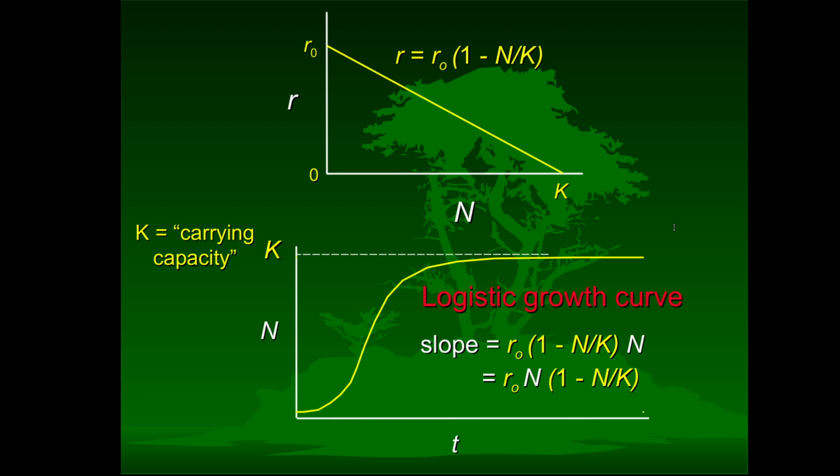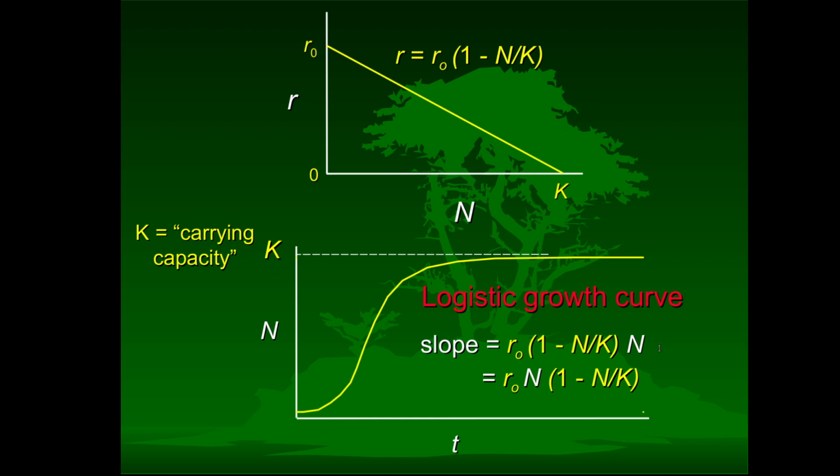So K is the density at which the birth rate equals the death rate. If n ever jumps higher than K, then the number in parentheses is negative, and the growth rate is actually negative. The population decreases until it reaches K again and holds steady.